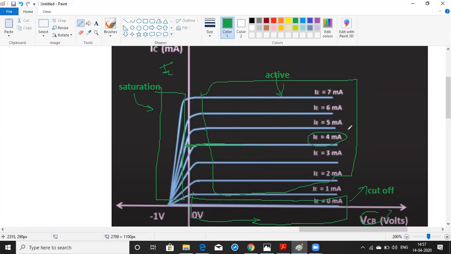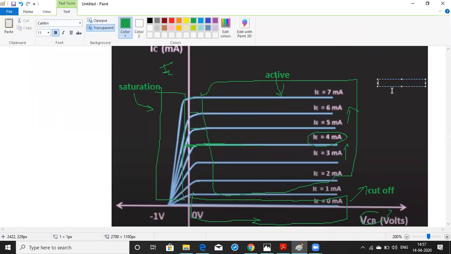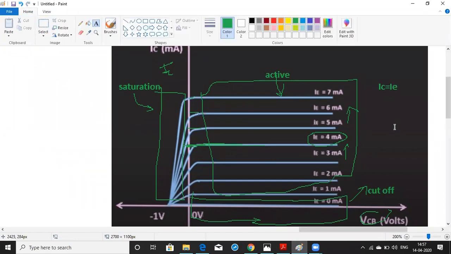What happens if you increase the emitter current? The collector current also increases, because we have a relation between the collector current and the emitter current: IC is equal to alpha into IE, which is approximately equal to IE.